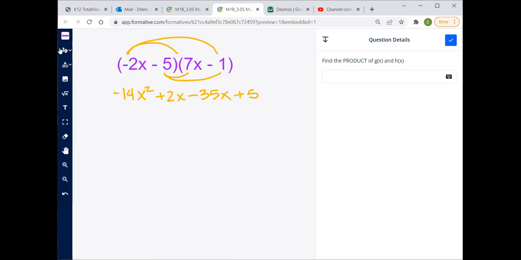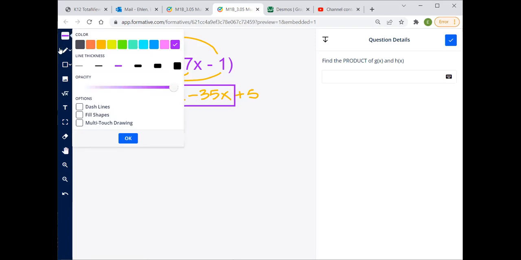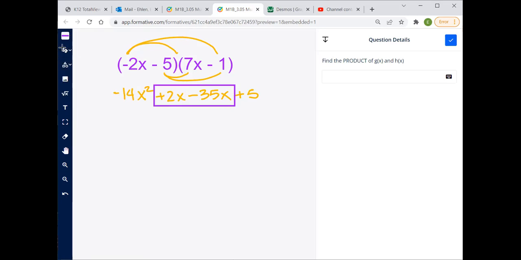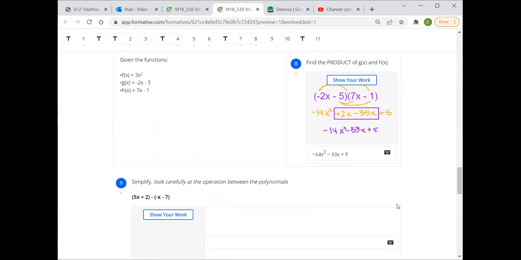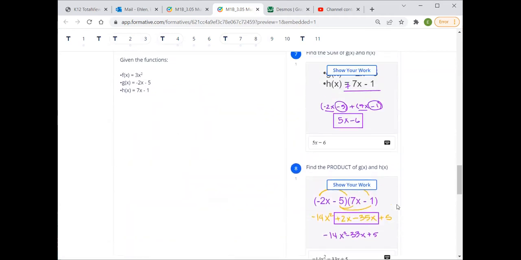Last but not least, make sure you combine those like terms. 2 minus 35 is negative 33x, bring down that 5, bring down that negative 14x squared. Okay, so guys, these are really, really tedious, so make sure that you're being careful about them.